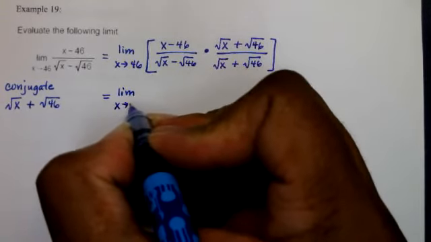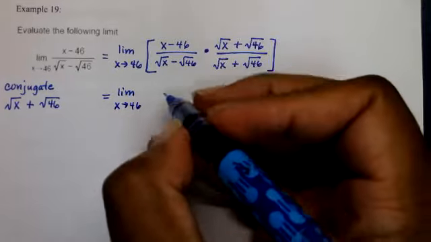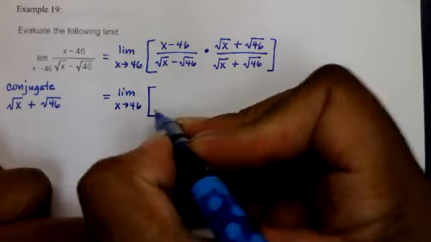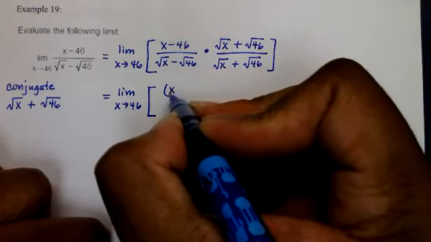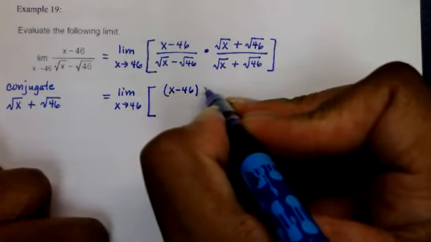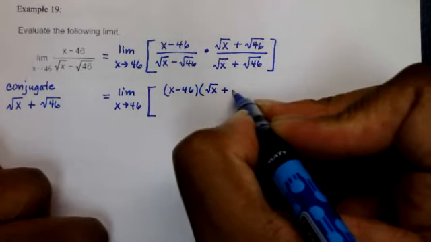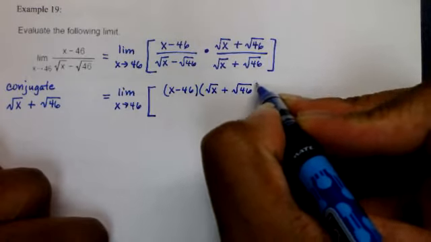So now if I take the limit as x approaches 46 of, well, the numerator will just remain as x minus 46, and I'll put that in parentheses, times the square root of x plus the square root of 46.